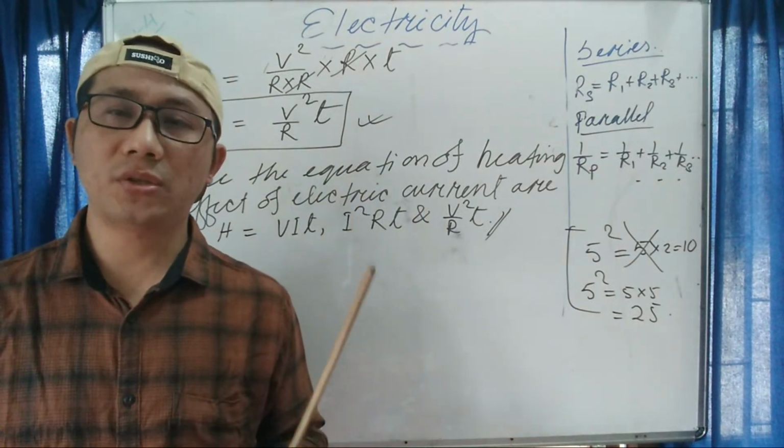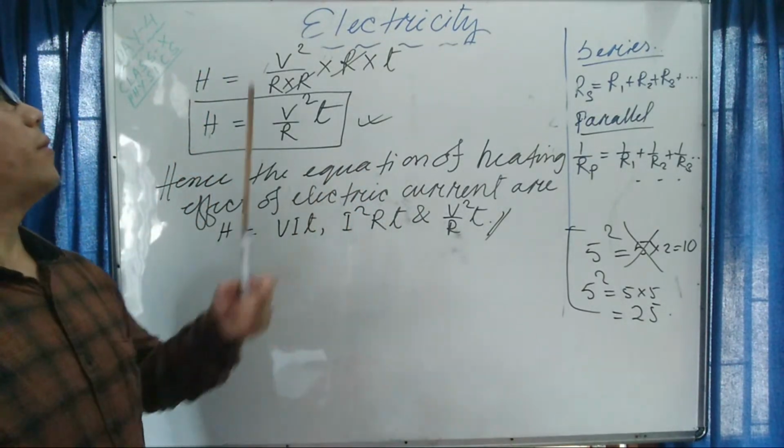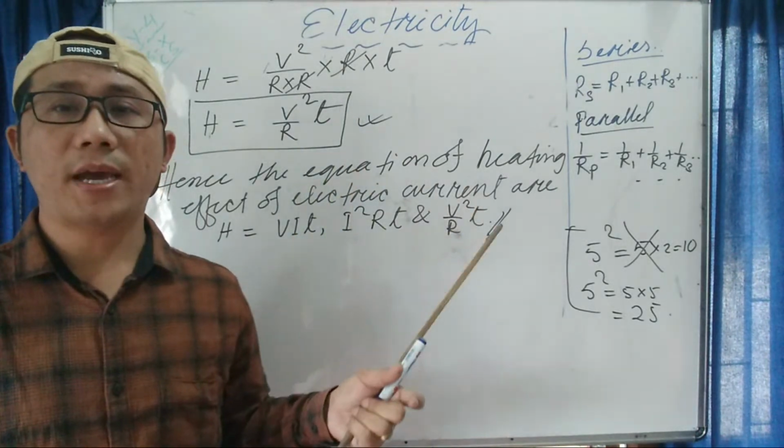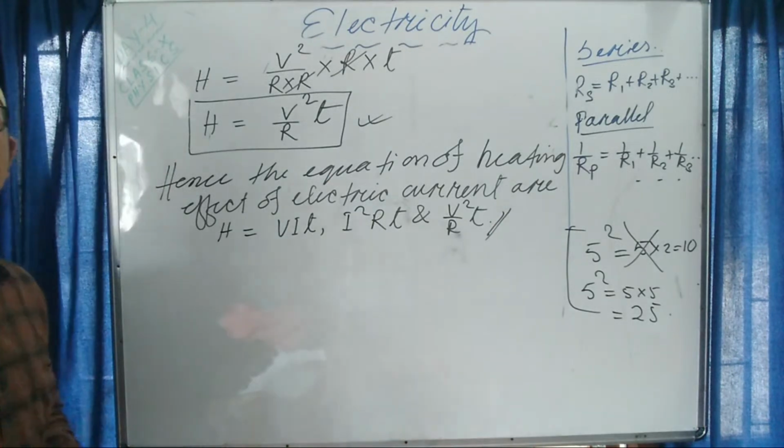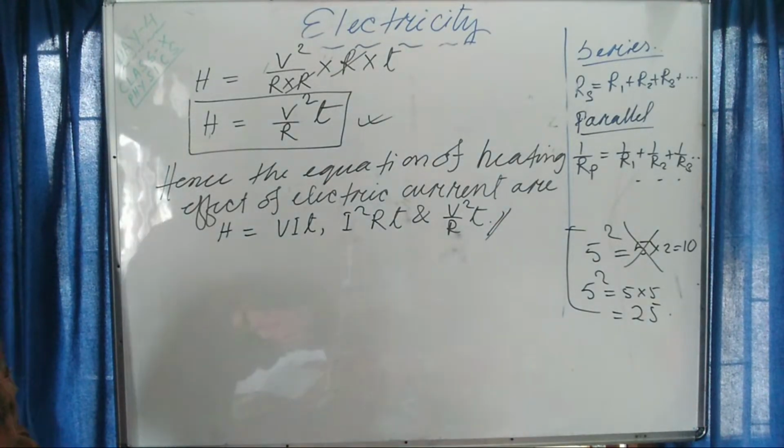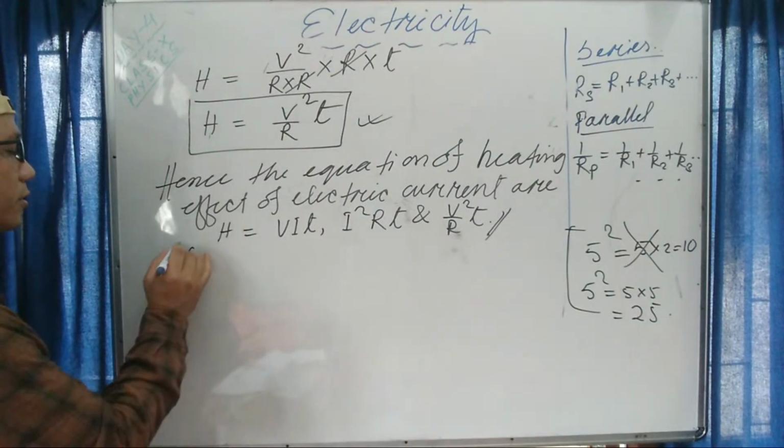So you must try to do revisions again and again. According to that only we are going to proceed. All right, so now we are going to come to the applications.